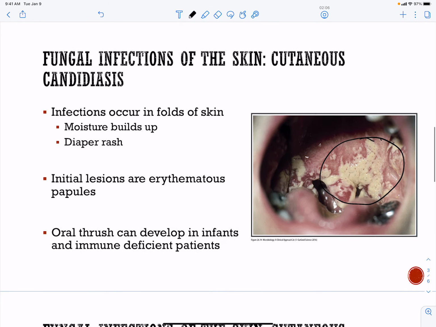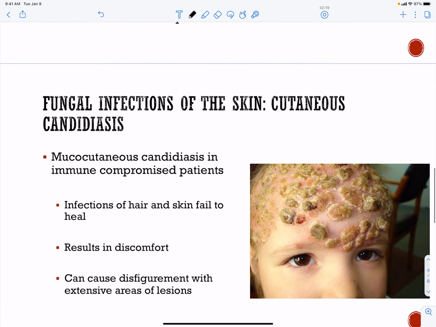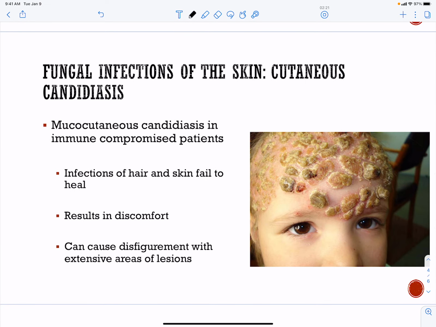And again, most people who are colonized with Candida, your immune system will keep this in check so you will not develop something like oral thrush. People who become neutropenic for some reason can develop oral thrush as well, and it could be transient because the neutropenia may be transient. So here is cutaneous candidiasis.